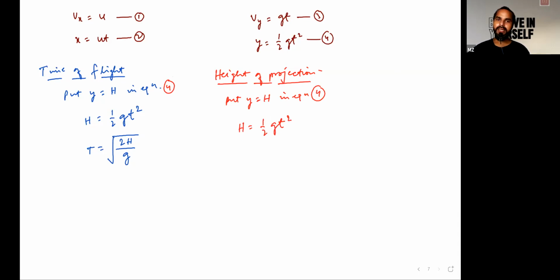There is one last part which is called range. The total horizontal distance the body has covered on falling to the ground. So it will be nothing but the total horizontal distance, that will be x. So put x is equals to r and t as time of flight.